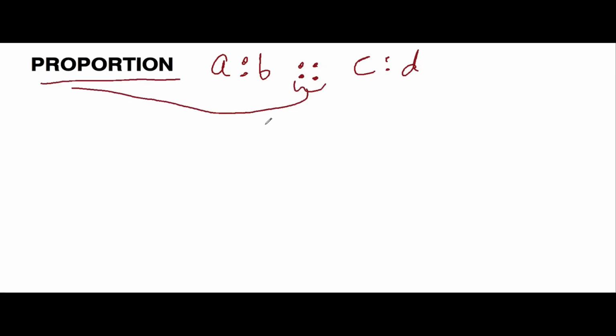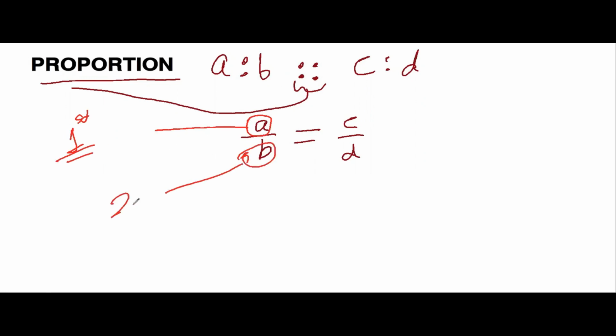You can even write this as A by B equal to C by D. This A is known as the first term or first proportional, this B the second term or second proportional, this C the third term or third proportional, and this D the fourth term or fourth proportional.